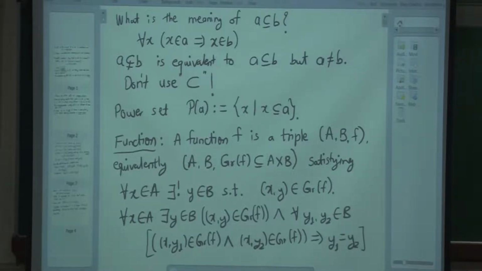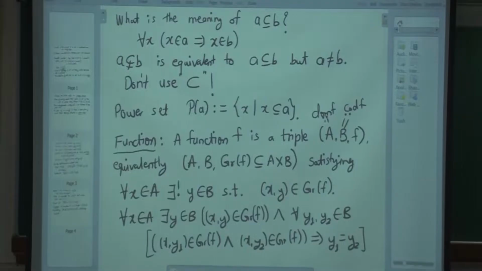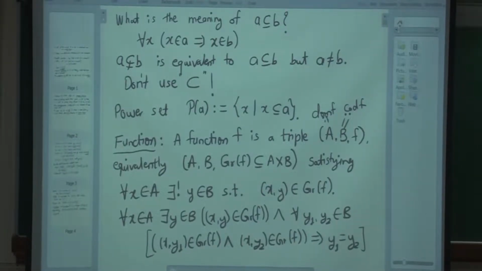Right, so in normal language we are just choosing a domain, so this A is called the domain of f. Then this is the codomain of f, and there is a graph. So now a function has become a triple consisting of two sets and a subset of their Cartesian product which satisfies certain properties.